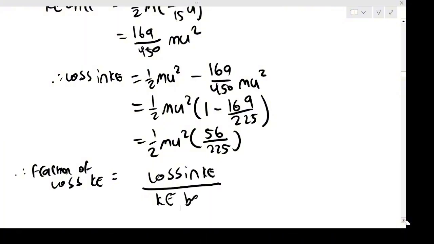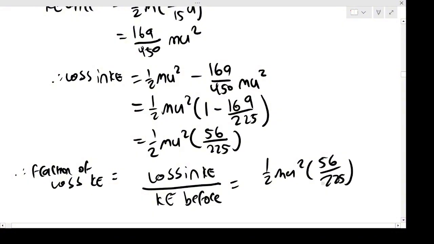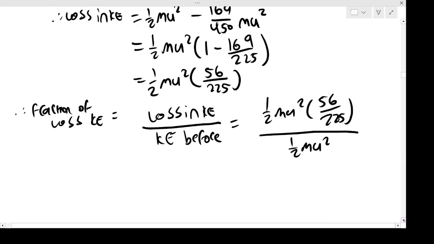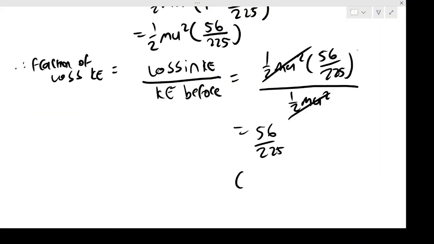So the energy we had totally before is my total kinetic energy. And so there we are. Now we're just subbing these values in: half mu squared of 56 over 225 divided by half mu squared. That's my kinetic energy before the collision. And it simplifies quite nicely because the half mu squareds cancel to get 56 over 225. And there we are. And if you wanted to, you could convert this to a percentage just to help visualize it, right?